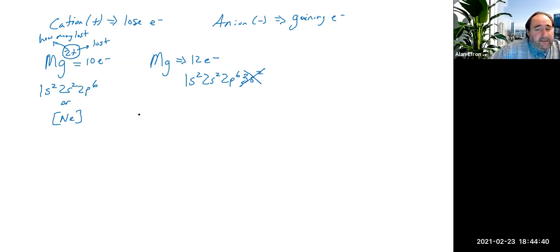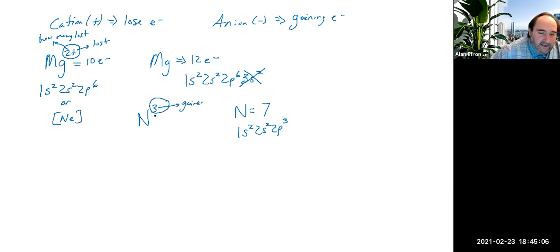Same thing if we look at something with a negative charge. Say, nitrogen with a -3 charge. Nitrogen with no charge has 7 electrons, which means its configuration would be 1s2, 2s2, 2p3. The charge here means negative. It gained electrons.